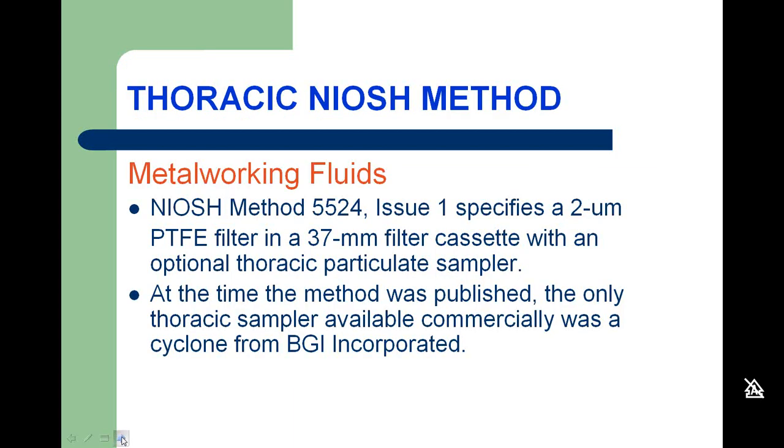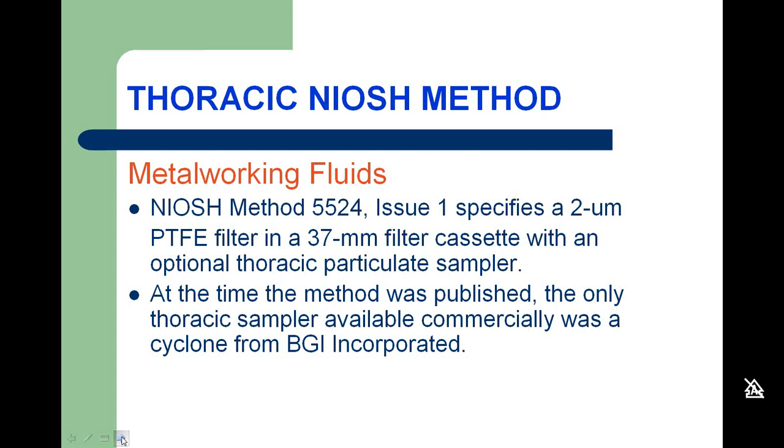At this time, there is only one NIOSH method that specifies a thoracic particulate sampler. NIOSH method 5524 for metalworking fluids specifies sample collection using a 2-micron PTFE filter in a 37 millimeter cassette or an optional thoracic sampler.